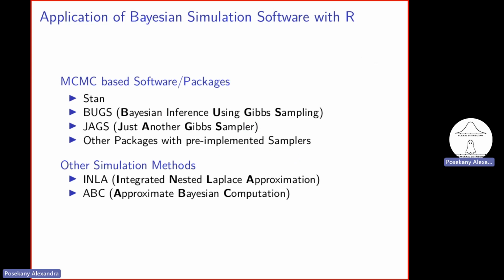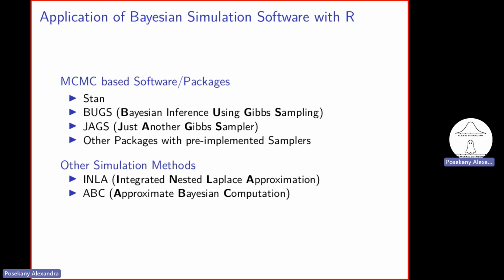Good. So what's out there and what's actually using this? Based on these MCMC schemes is STAN. It's not the classical MCMC algorithm happening there, but Hamiltonian Monte Carlo.